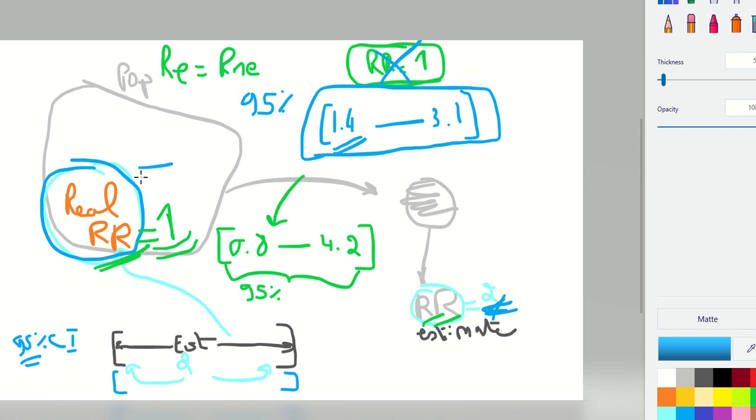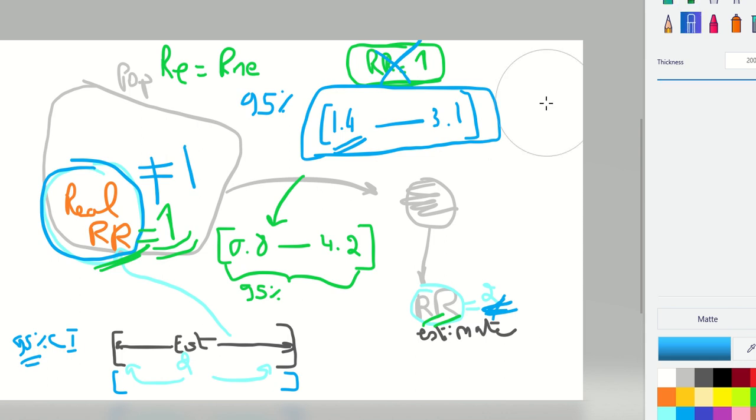So in that scenario, the real relative risk cannot be equal to 1, and therefore you declare that it's statistically significant, because you're sure that there is an association between the exposure and the outcome, since the relative risk of 1, indicative of no association, is rejected. It cannot be equal to 1 in the population because your confidence interval does not include it, and therefore you would conclude that your relative risk is statistically significant.